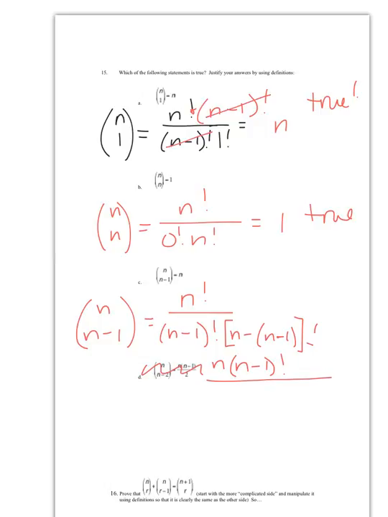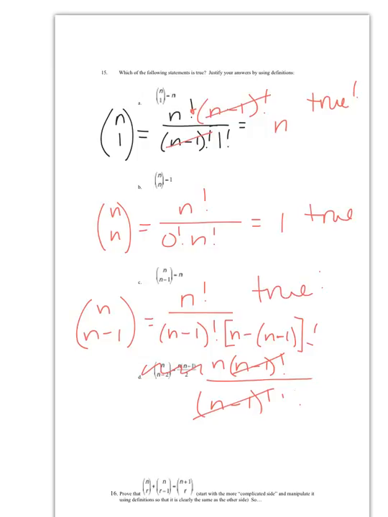The denominator is n minus 1 factorial. And inside our brackets, n minus n plus 1 is just 1 factorial. So the n minus 1 factorials cancel out. We're just left with n over 1, which is, in fact, equal to n.